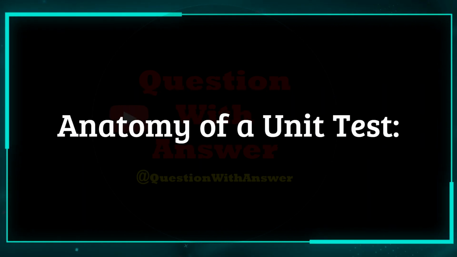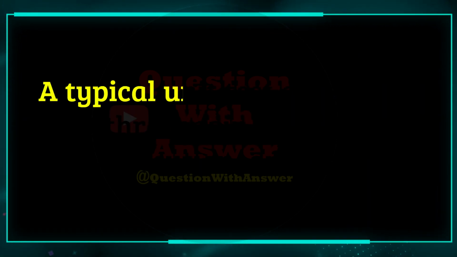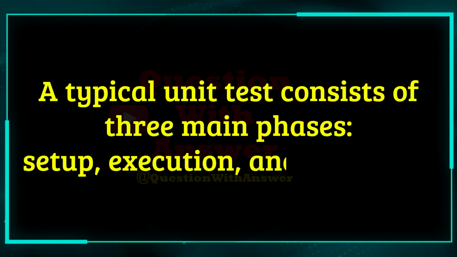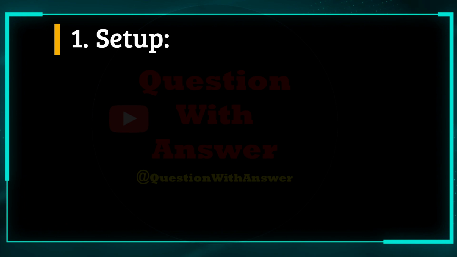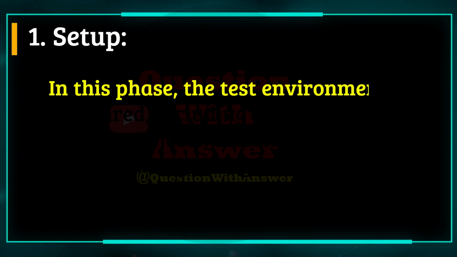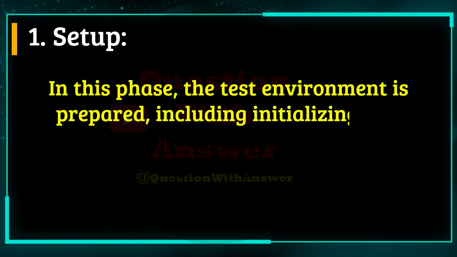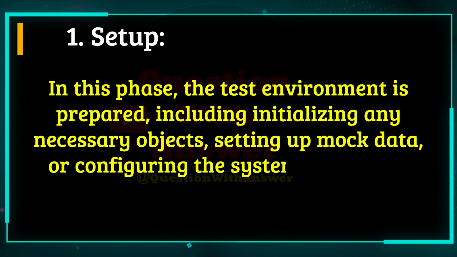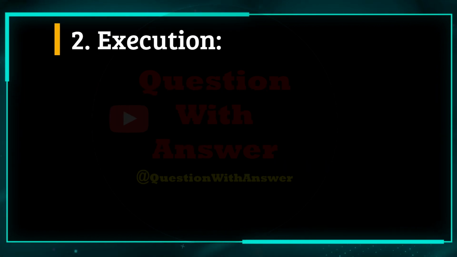Anatomy of a unit test. A typical unit test consists of three main phases: setup, execution, and assertion. 1. Setup. In this phase, the test environment is prepared, including initializing any necessary objects, setting up mock data, or configuring the system under test. 2.